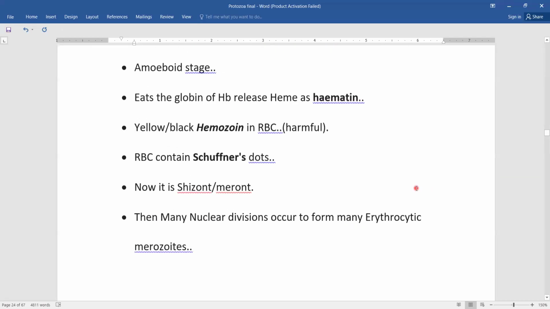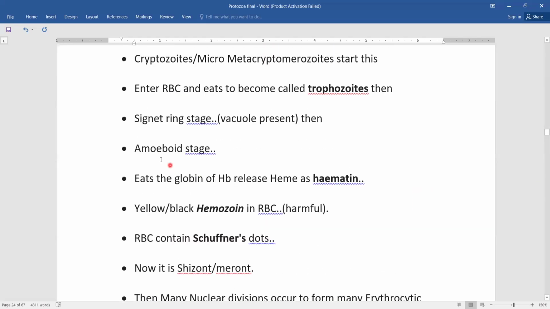And ultimately, here what happens after the amoeboid stage, we can see some hematin granules in the cytoplasm of the RBC. Okay, so actually the amoeboid stage eats the globin of hemoglobin to release heme in the form of hematin, which is harmful.